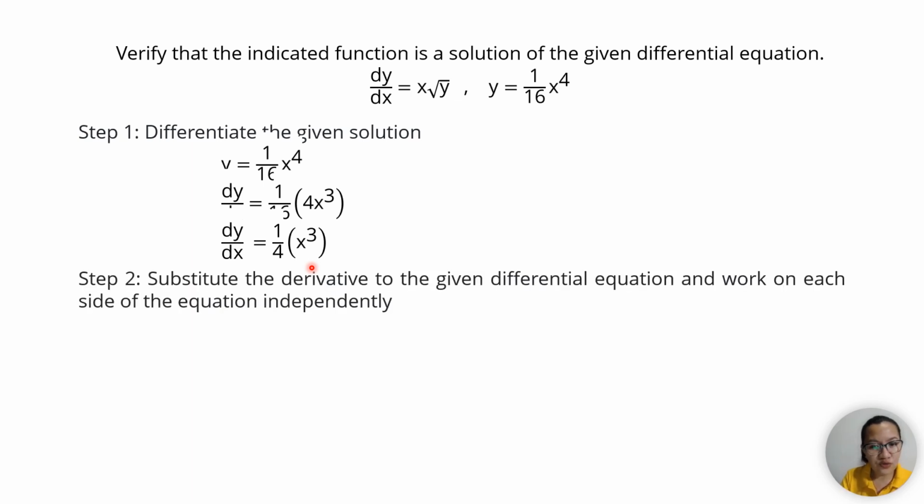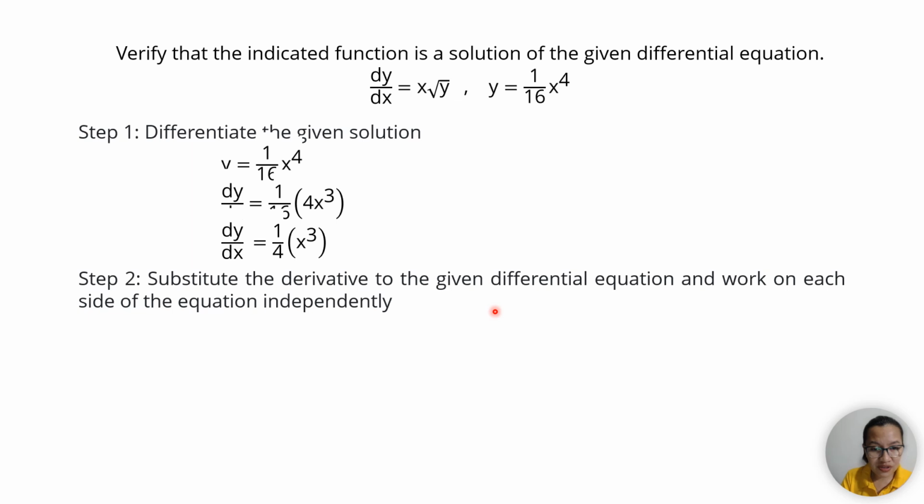After which, we are going to substitute the derivative to the given differential equation. And here, we are going to work on each side of the equation independently. Remember, we are not supposed to transfer terms from one side of the equation to the other side.